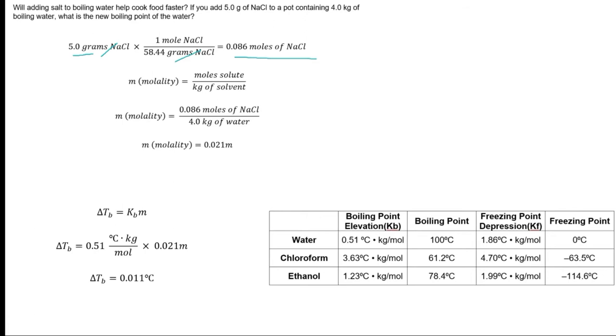So in terms of water, because I started at 100 degrees C, that is my boiling point, I am only going to add 0.011 degrees C to that boiling water. So my final boiling point is 100.011 degrees C. I don't think my pasta is going to cook any faster, but maybe it'll have better flavor.